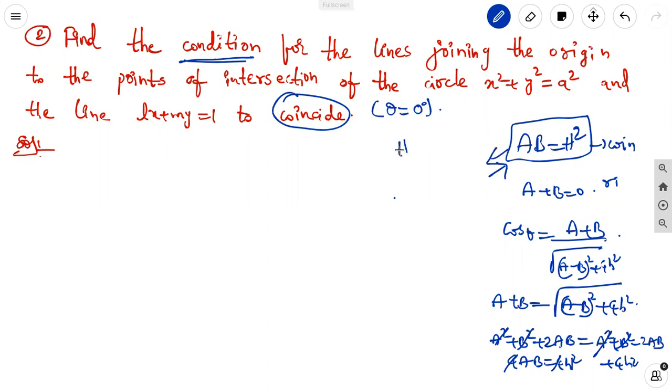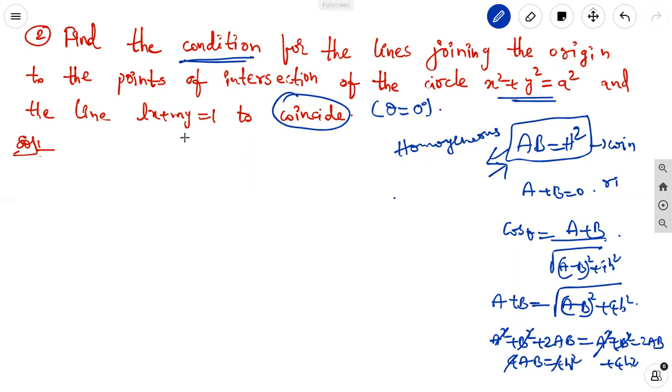This is for a homogeneous equation. The given line and curve equation, whatever the curve, either it is a circle or any curve, can be reduced to a homogeneous equation with the help of the line equation.